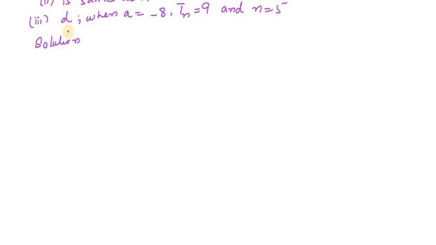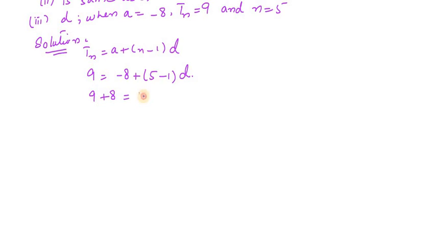So by using the nth term formula, Tn is equal to a plus n minus 1 of d. Tn is 9, a is minus 8, plus n is 5 minus 1, and d is required.